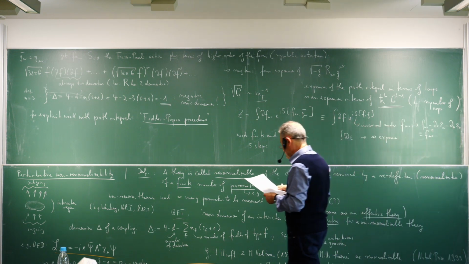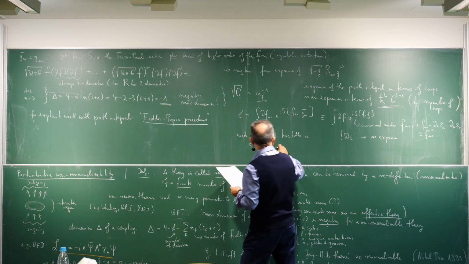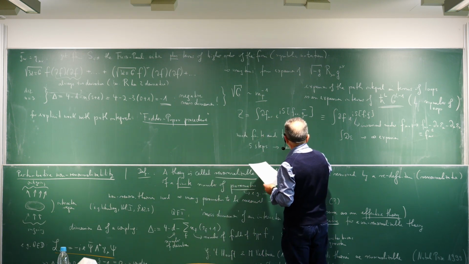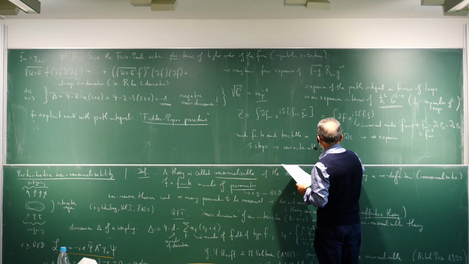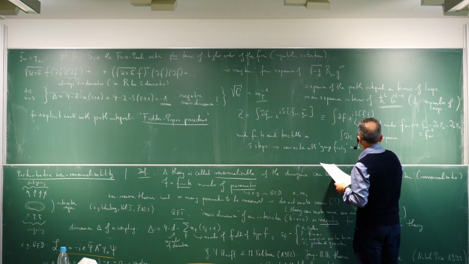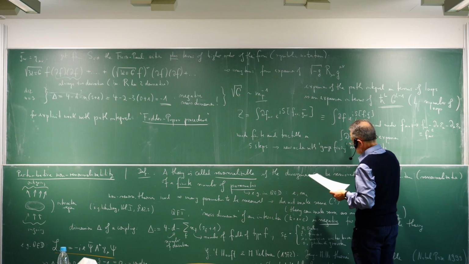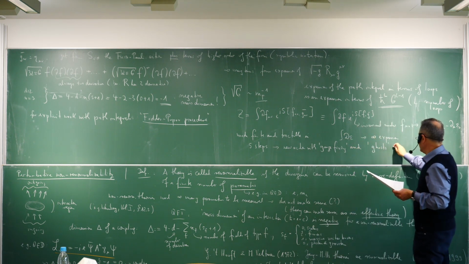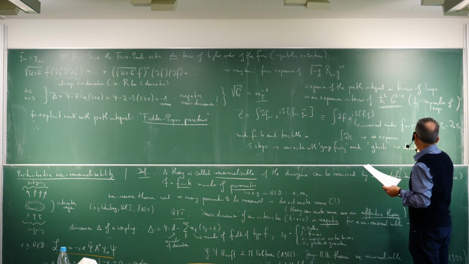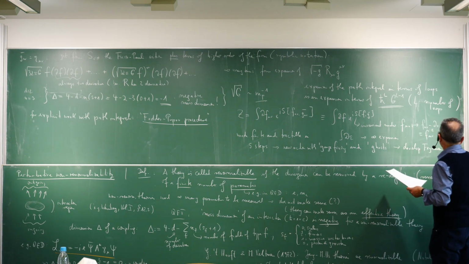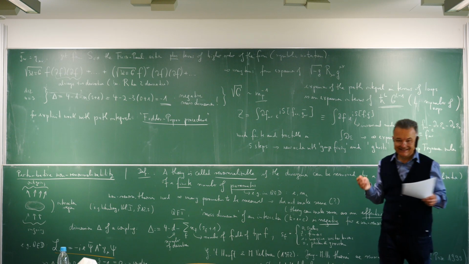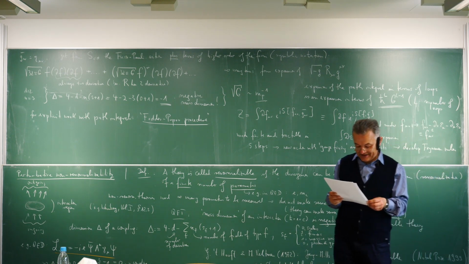So you will have then a new action with gauge fixing and Faddeev-Popov ghosts plus the original action, and from this you develop Feynman rules. And then everything should be correct, as is done for the Yang-Mills theories.